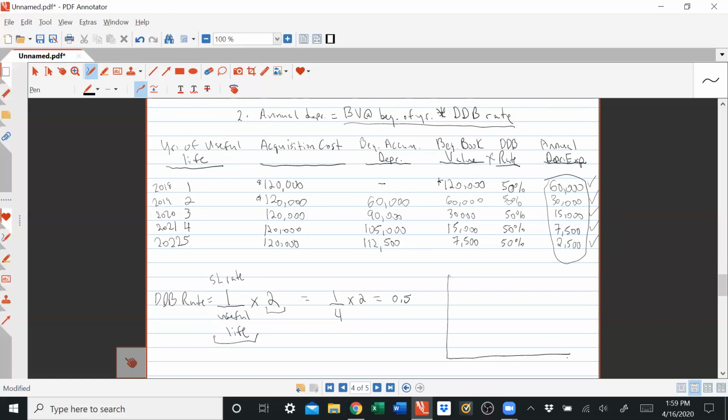If we plot time on the x-axis, plot those 5 years, and on the y-axis we plot the dollars of depreciation expense. We plot 60,000, that's somewhere up here, then 30,000 is half of that, somewhere down here, 15,000 is half of that, 7,500, 2,500, declining over time.